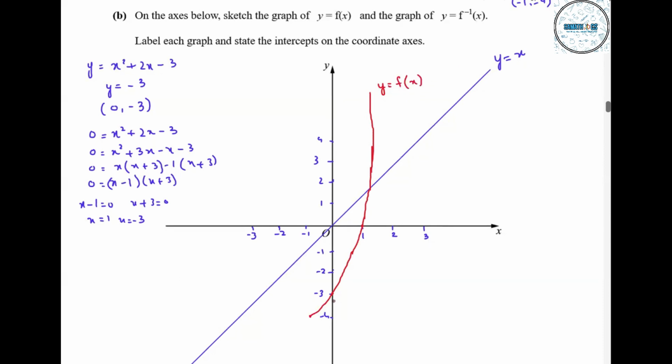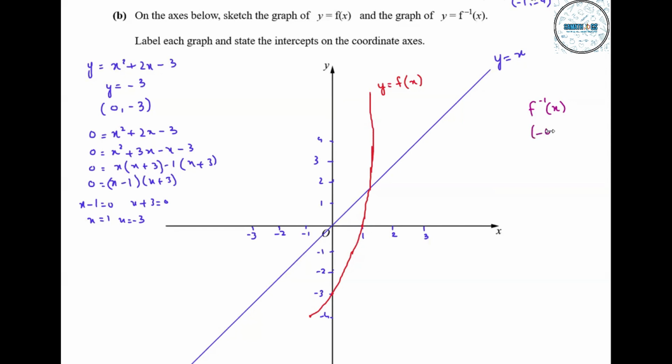Now we have to draw the graph of f inverse of x. We'll take out the coordinates of f inverse of x. For the graph of f inverse of x, the x coordinate becomes the y coordinate and the y coordinate becomes the x coordinate. So we have here -1, -4.